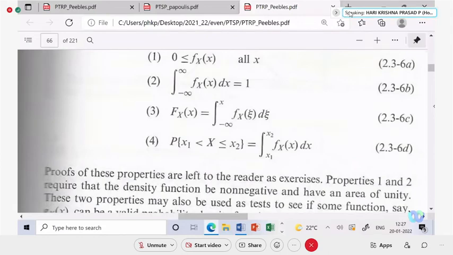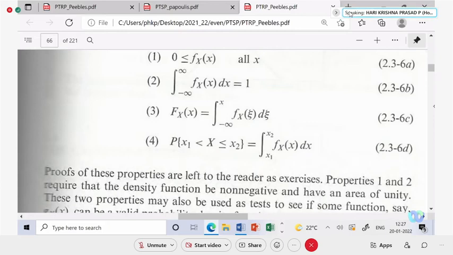Come to the left hand side of property 3 and property 4, the left hand side of the equality sign. In property 3, it is the distribution function value at a specific value of x. In property 4, it is the probability of capital X lying between two limits, two bounding values.